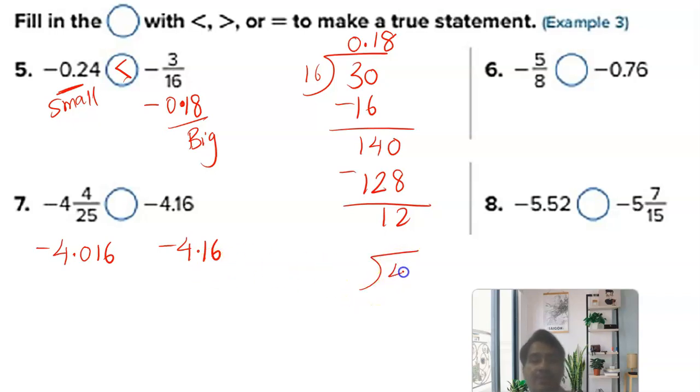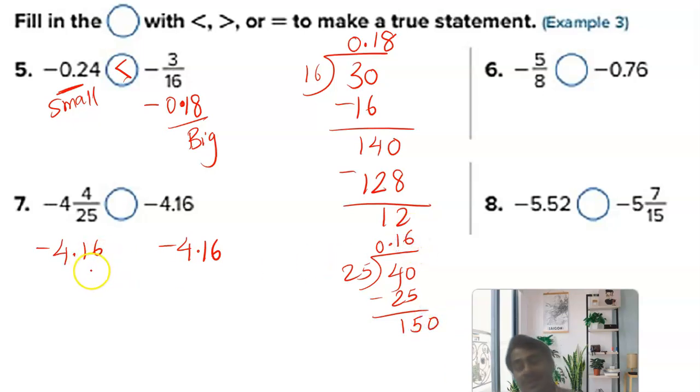Sorry, I'm so sorry, the answer is 0.16. So it is 4.16, this is also 4.16, therefore the answer is equal. Here, this is 0 point, if you divide 50 by 8, it will be 0.6 and 20 will be 2 and 40 will be 5. So this is negative, but this is big.